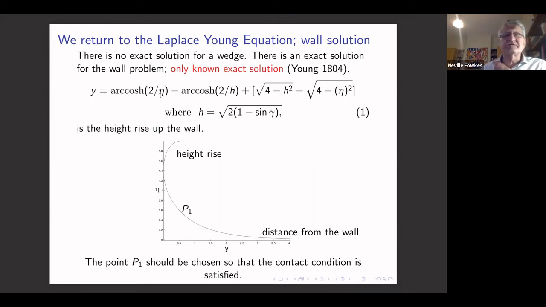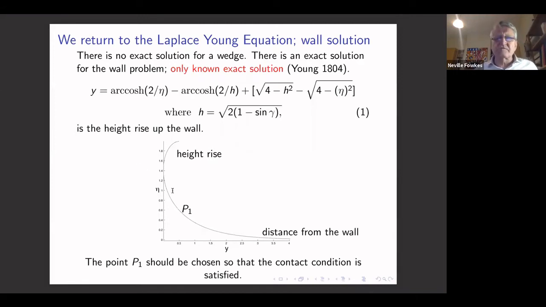And you see, this is the height rise as a function of distance y along the wall. And that's what the curve looks like. That's what the surface looks like. And that describes it up there. You can see the eta occurs in there, and you want to find eta as a function of y. So it's a horrible implicit result.